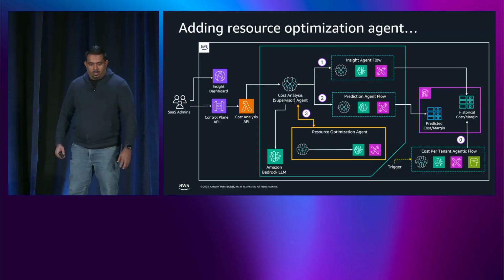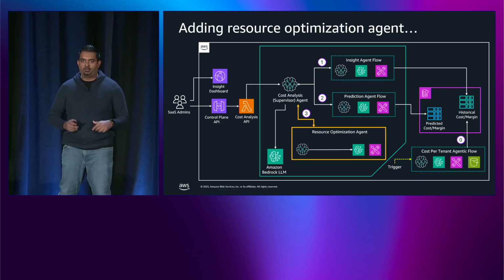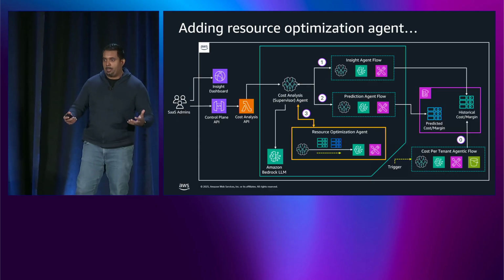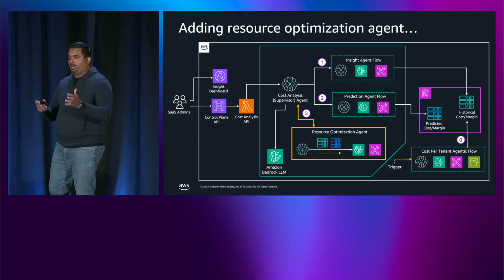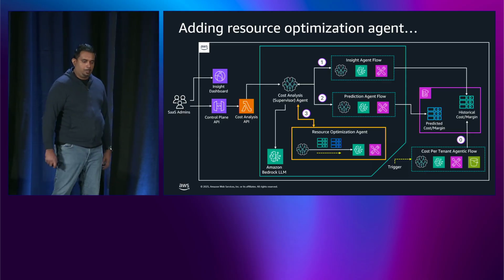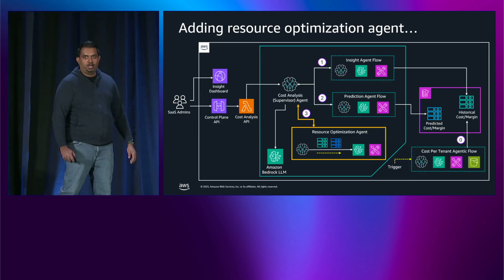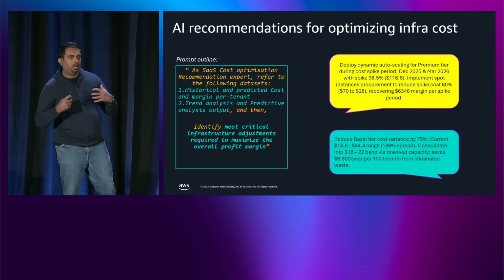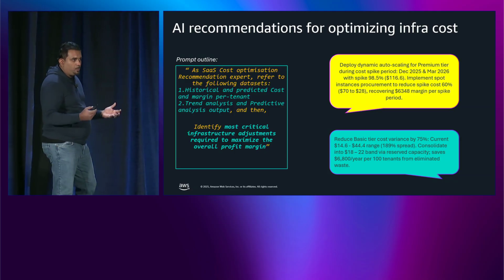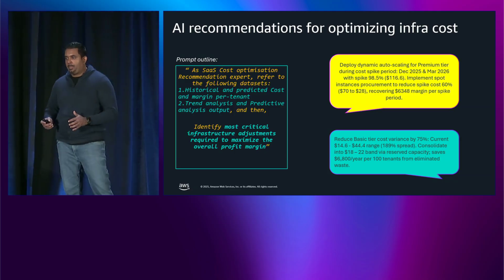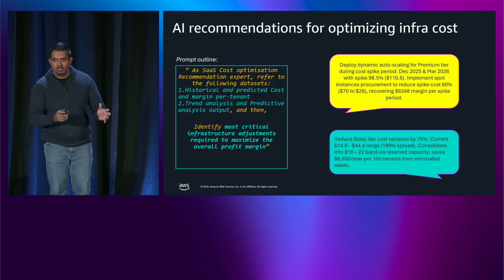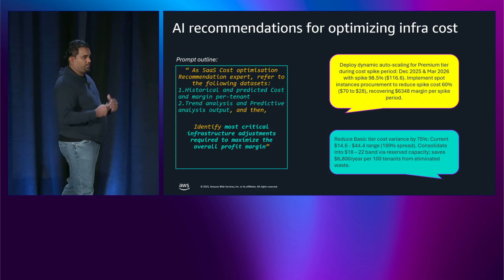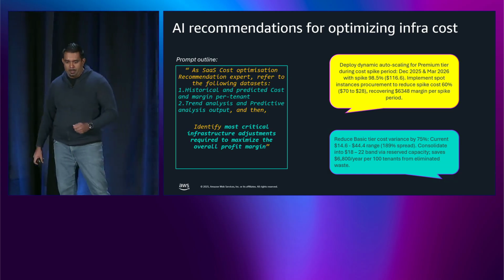And then when that agentic workflow gets triggered from the supervisor agent, this agent can leverage its own LLM, now also with the historical and the forecasted cost and the margin data set as well, and ask for the recommendation for critical infrastructure changes I need to do to maximize my profit margin. Now this is awesome. Now there's an agent telling me what are the things I can consider in terms of the infrastructure changes to maximize my profit as well.